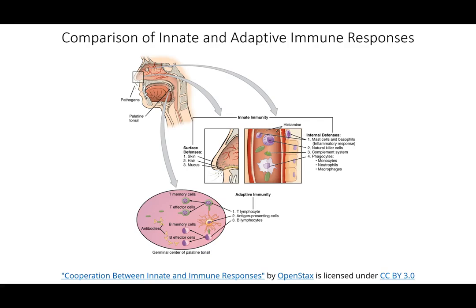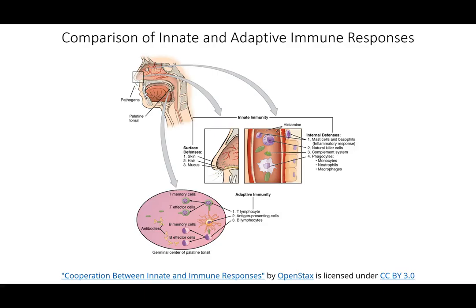Like I said in a previous video, the adaptive immune response is very specific. This is where we have very targeted responses to bacteria, targeted responses to viruses, and so on, as well as actual memory to these different pathogens that we come across.